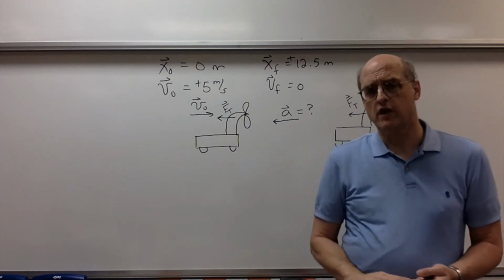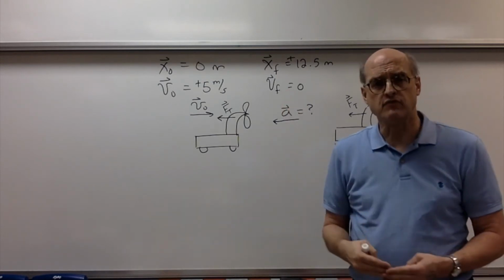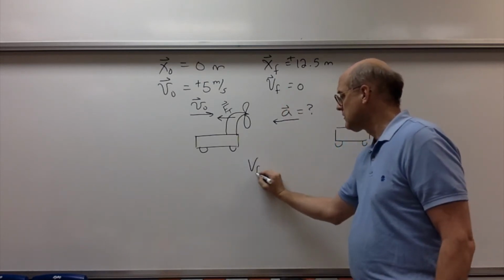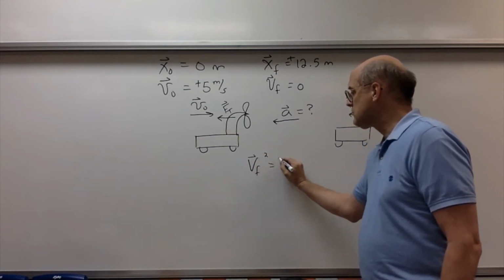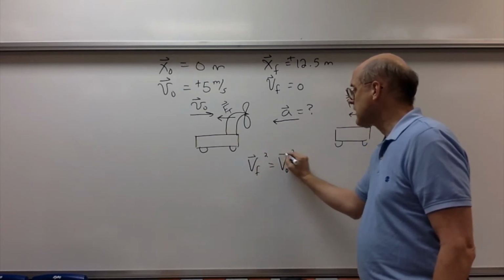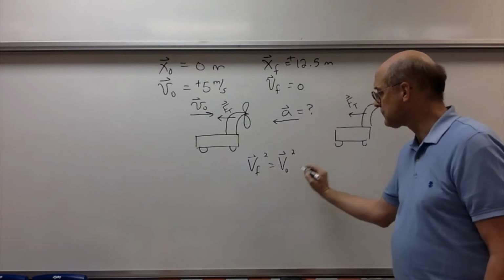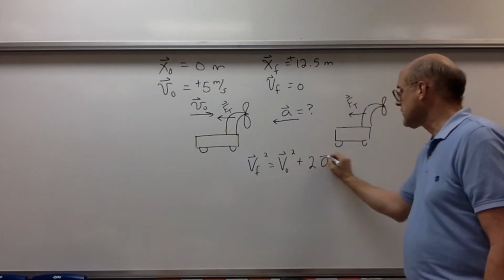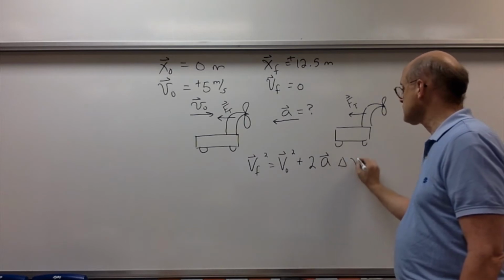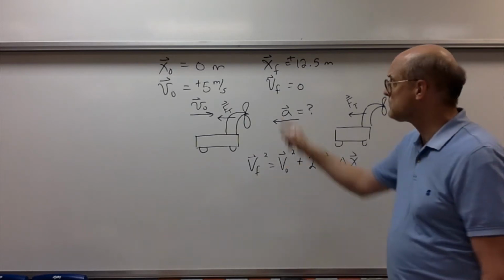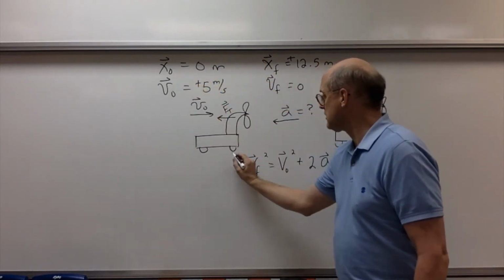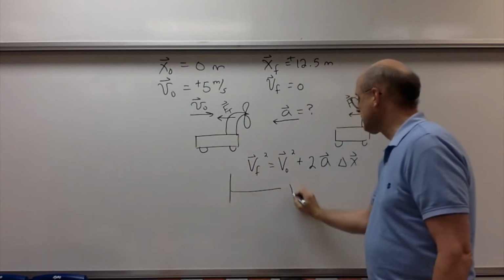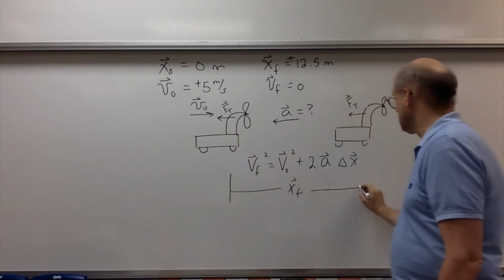So we do have an equation, Vf squared is equal to Vo squared, where O is for original, F is for final, plus twice the acceleration times the displacement. And we know the displacement, it's xf minus xo. Okay, here's xf, right?